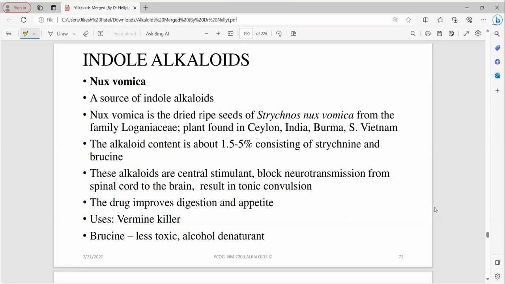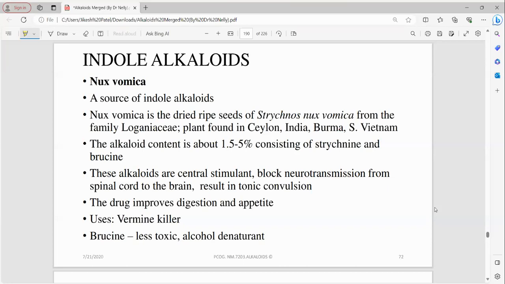Then we've gone to the next plant, Catharanthus rosea, or the old name Vinca rosea, or the common name Madagascar periwinkle. From it we get the vinca alkaloids, the most used being vincristine and vinblastine.